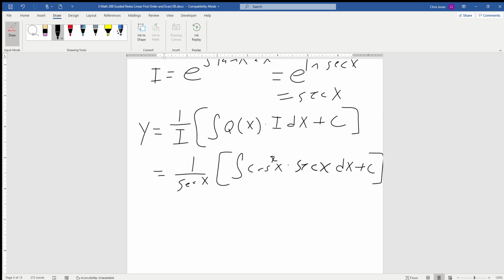One of the things that we should probably remember is that secant x is just a trigonometric identity for the reciprocal of cosine.